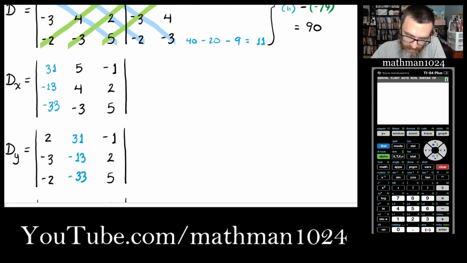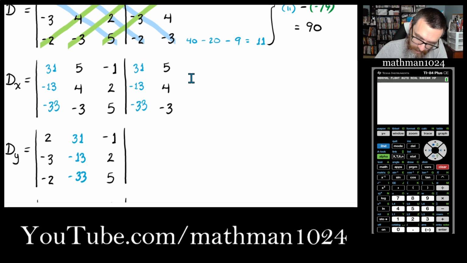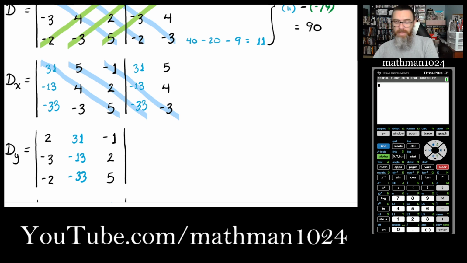Let's go to the next one. I'm going to copy this and copy the numbers over here. We're going to do the same trick that we were doing before, the diagonals going down. And that's going to give us, oh man, see the numbers are getting big, right? 4 times 5 is 20 times 31 is going to be 620. 5 times 2 times negative 33 is negative 330.